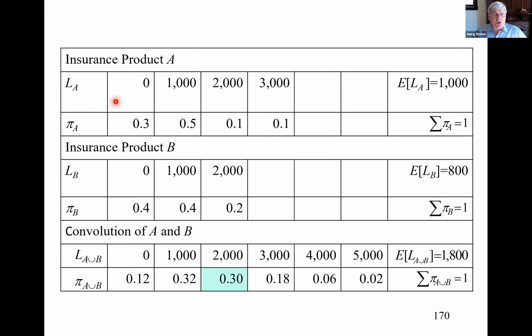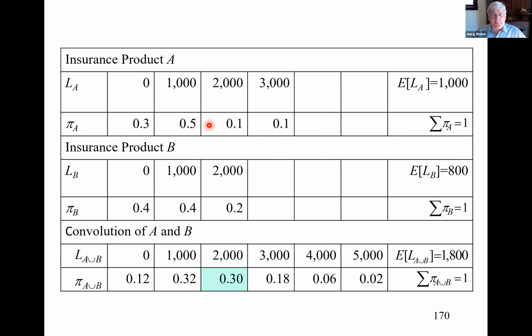The probability that there is no loss, that there will be no insurance claim, and so the insurance company has to pay nothing, let's assume, is 30%. The probability that the insurance company has to pay $1,000, let's assume, is 50%. And $2,000, 10%, $3,000, 10%.